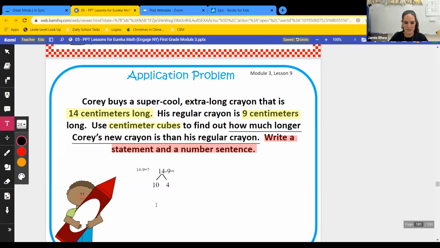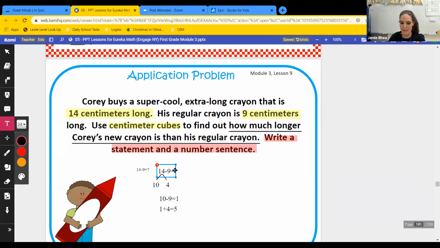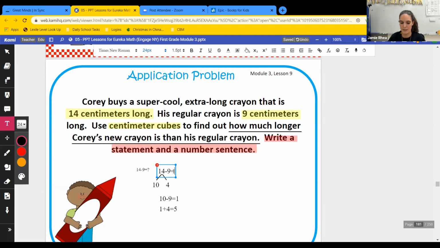Then I'm going to say 10 minus 9 equals 1, and 1 plus the 4 that was left over. Oops, I forgot my plus sign. Plus 4 left over equals 5. So we could say 14 minus 9 equals 5.